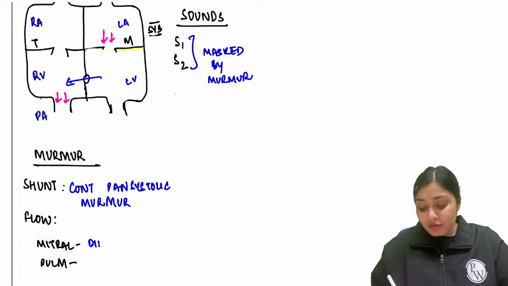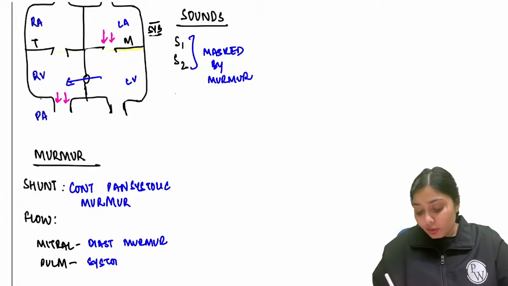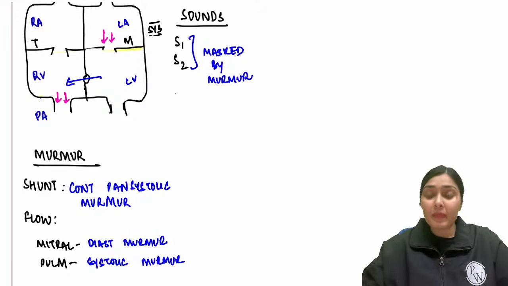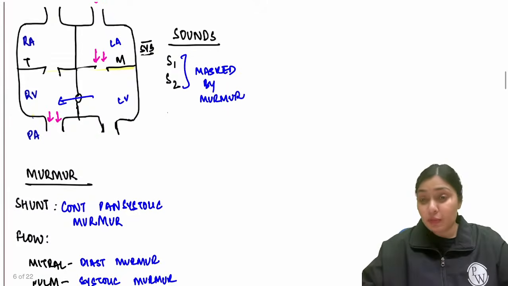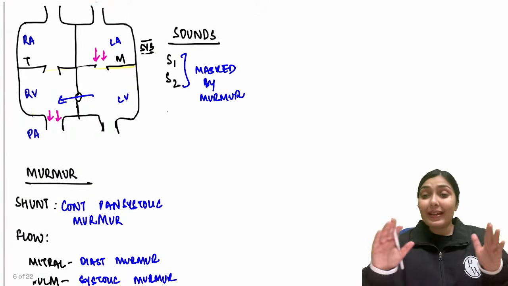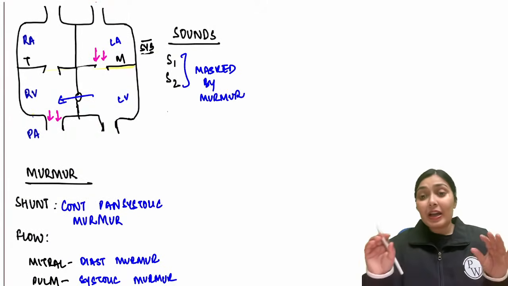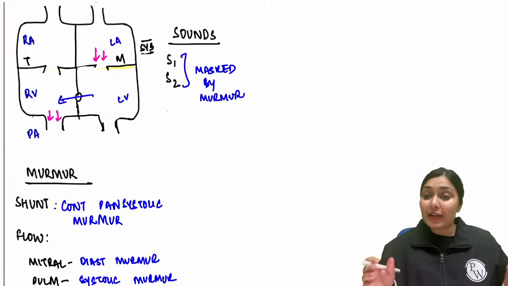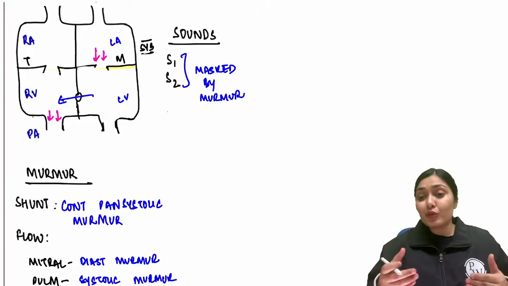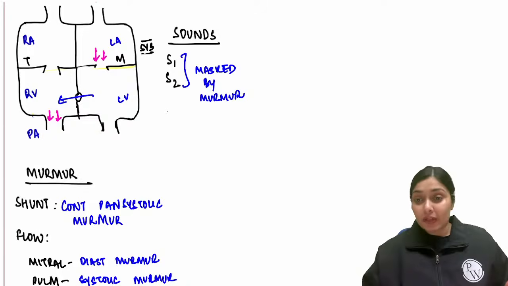So in the mitral region, you will have a diastolic murmur, and in the pulmonary area you will have a systolic murmur, ejection systolic murmur. Right? So this is how you appreciate the sounds in the murmurs. Remember, mitral and tricuspid, if flow is increased, you will only appreciate a diastolic murmur. Pulmonary and aortic, if flow is increased, you will appreciate a systolic murmur.